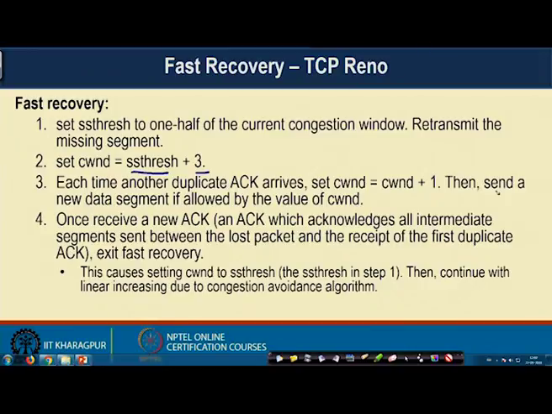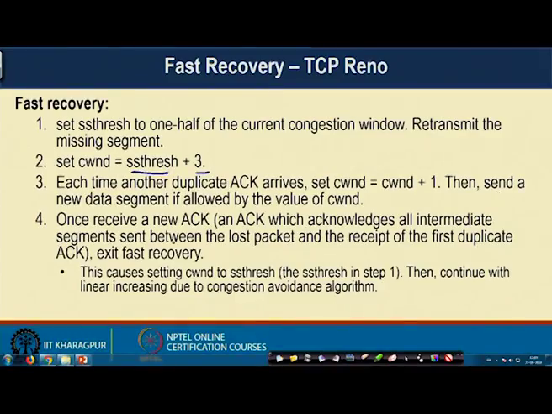That way, whenever you receive duplicate acknowledgements, you gradually increase the congestion window and send more packets to the network. That is fast recovery, and it ensures that because some packets are flowing in the network, you do not need to wait and send data at a very low rate.